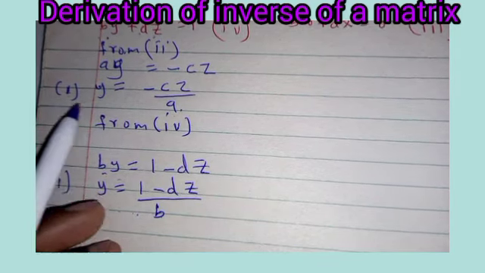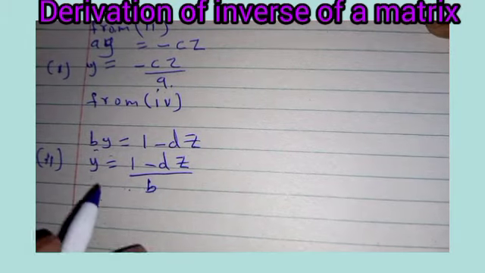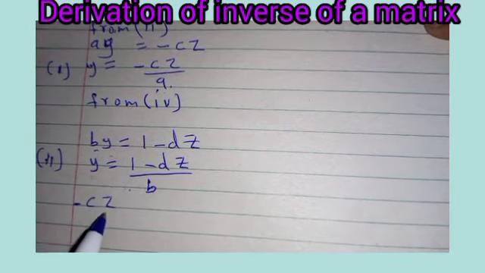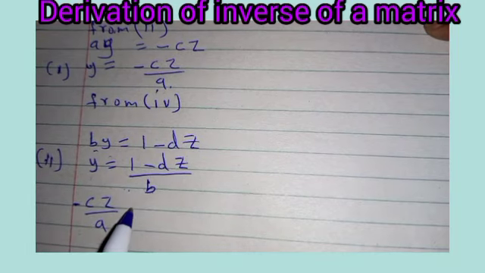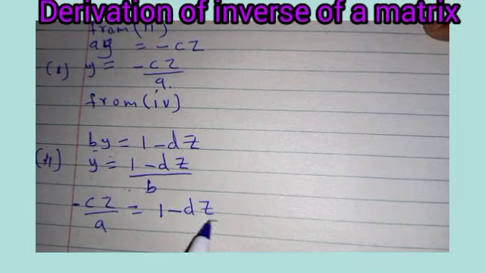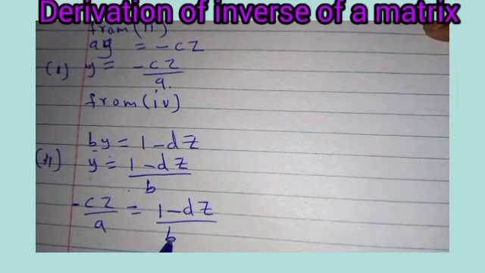You can see the left hand sides are equal, so we can equate: negative CZ over A is equal to 1 minus DZ divided by B.